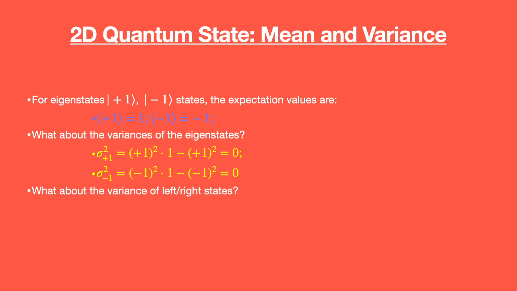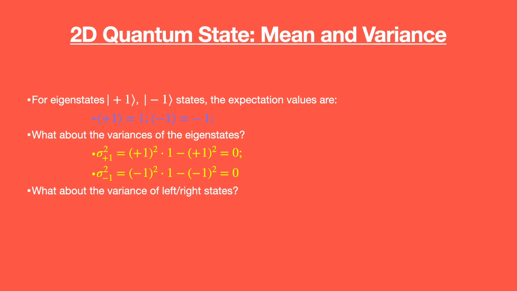So I square that, +1 squared, and multiply it with its probability, which is just 1. And from here, I subtract the square of the expectation value of that state. For the +1 state, just as we computed in the previous bullet point, the expectation value is also +1. So if we take the difference of the two, we find that the value is 0. Likewise, the variance for the -1 state will also be 0.